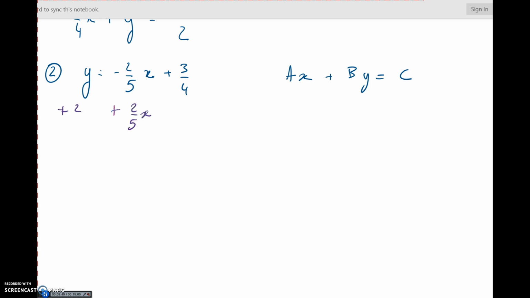And why do you add 2 over 5 to both sides? Because when you add 2 over 5 to both sides, you get rid of the negative 2 over 5 on this side. And therefore you end up with 2 over 5 x plus y equals 3/4.